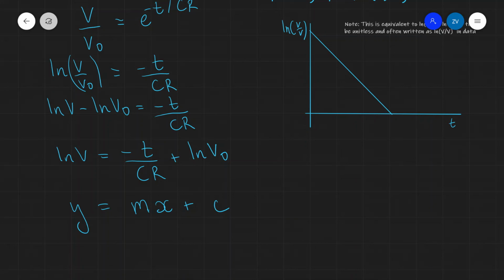If ln of v is on the y-axis, if t is on the x-axis, if our intercept is the natural log of the initial voltage, then what we're left with for the gradient is whatever is multiplying t. So we have a minus sign multiplying it, and 1 over cr as well. So our gradient will be minus 1 over cr. Our intercept c will be equal to ln of v naught.